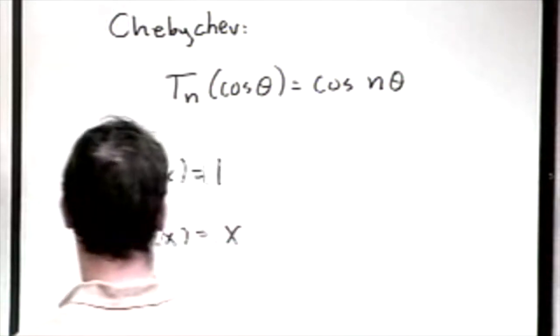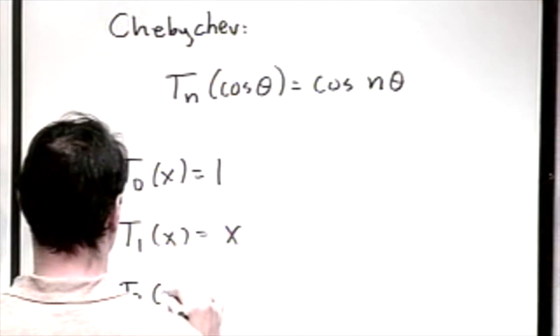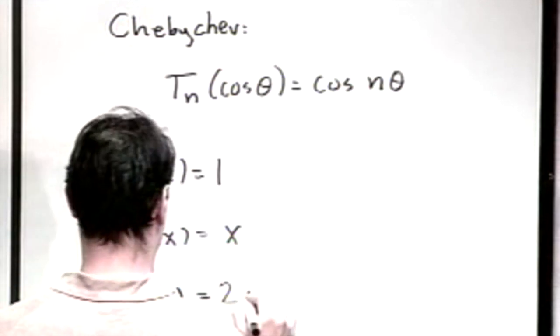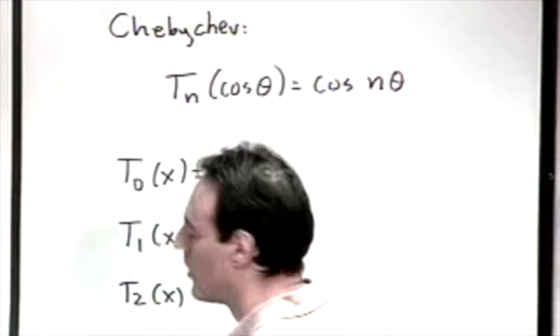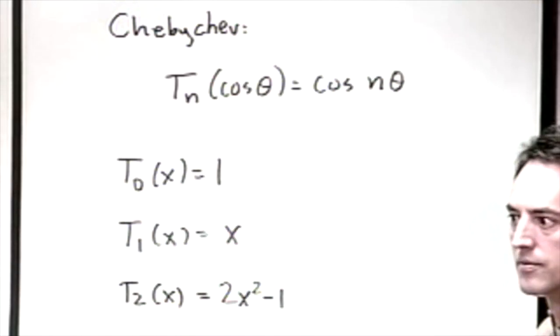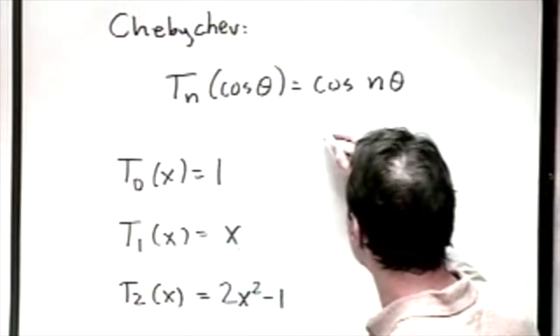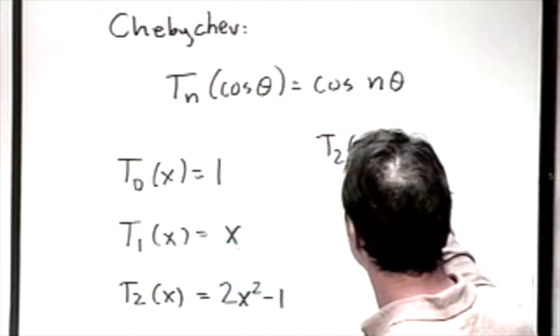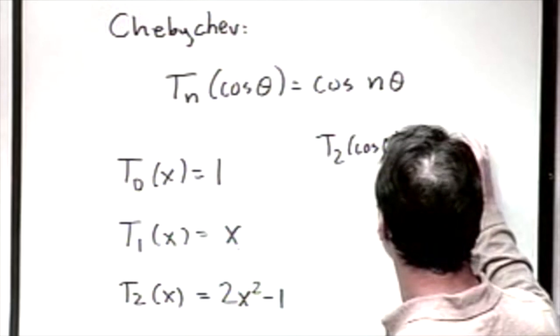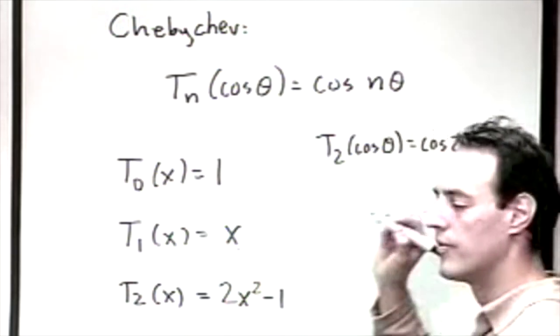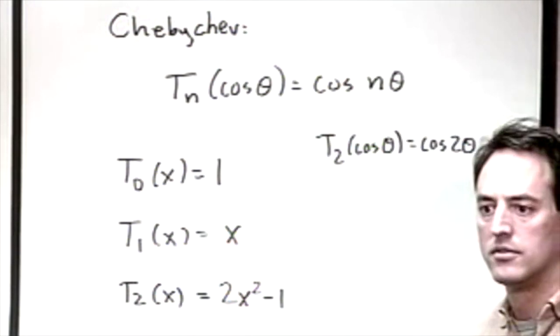Now it gets a little bit fancier. This is where you have to start using fancy trig rules. Think about this one here. What does this mean? T2. That means T2 of cosine theta is equal to cosine 2 theta. What's cosine 2 theta?